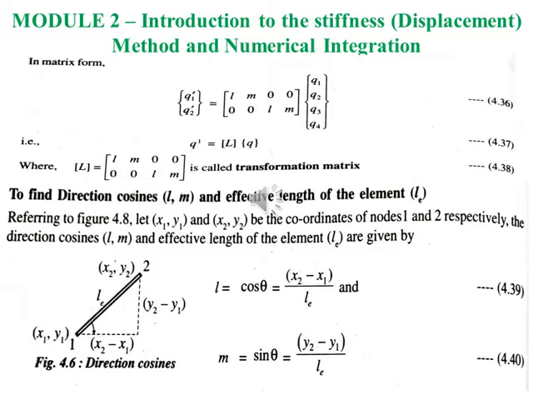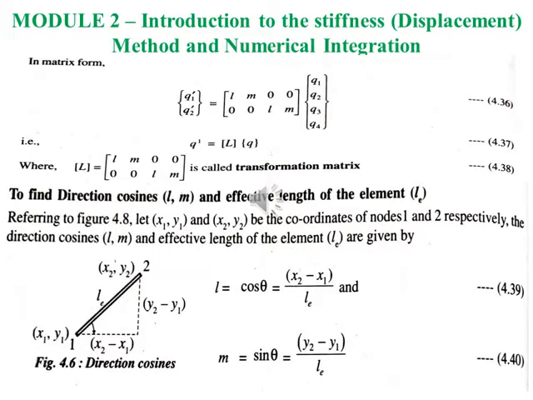So here we can see that the q1 dash, q2 dash matrix is equal to [L M 0 0; 0 0 L M] into q1 q2 q3 q4, or q dash is equal to the L matrix into the q matrix, where the L matrix is called the transformation matrix, which is equal to [L M 0 0; 0 0 L M], where L is nothing but cos theta and M is nothing but sin theta.